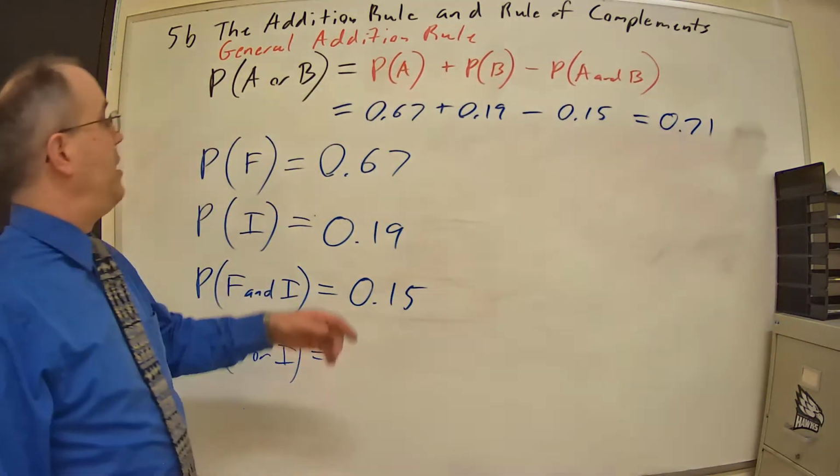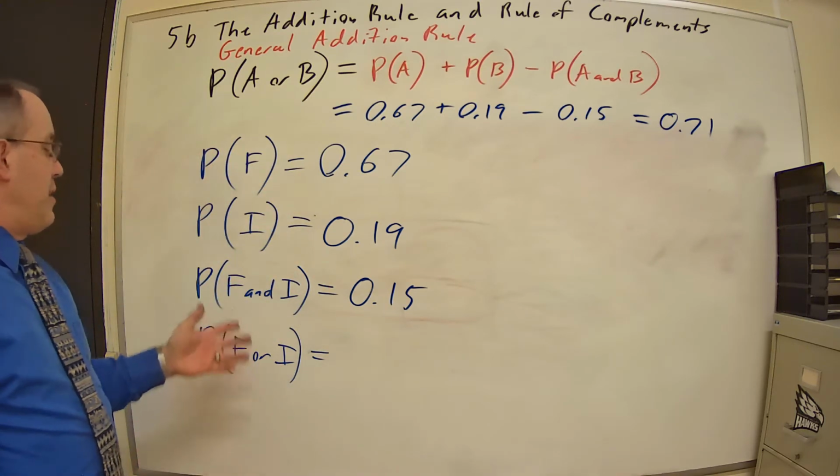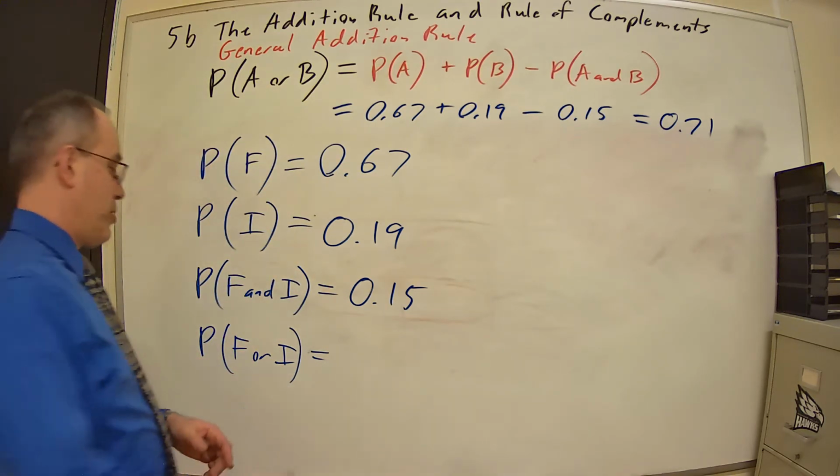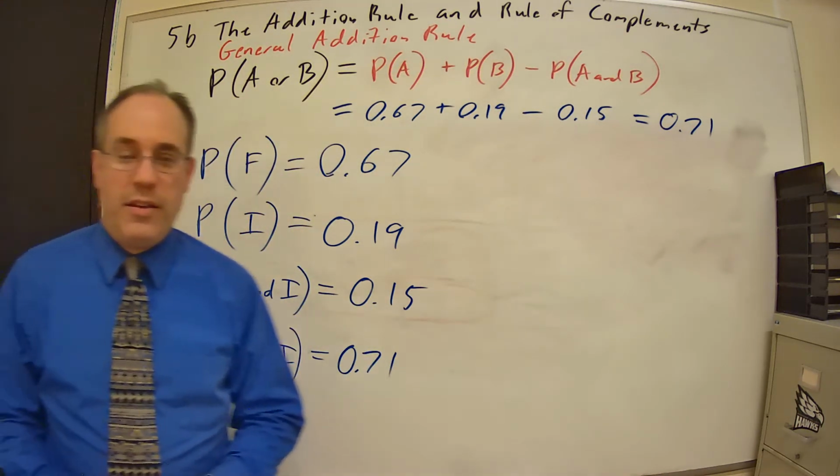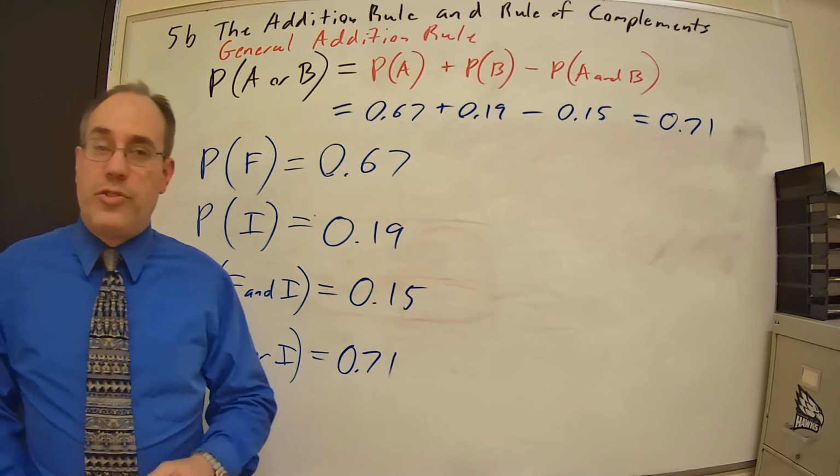So the probability that I select a female or an instructor is 0.71. So there we go. So that's pretty straightforward with that.